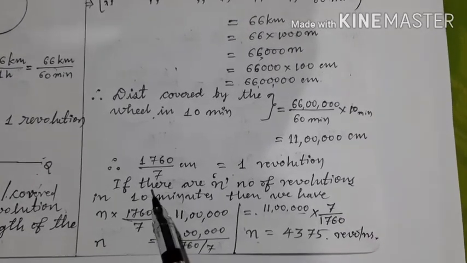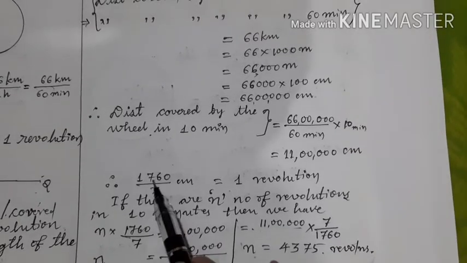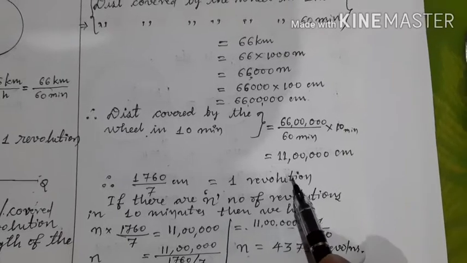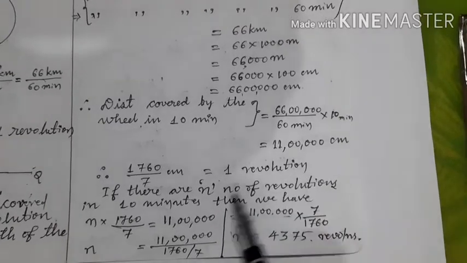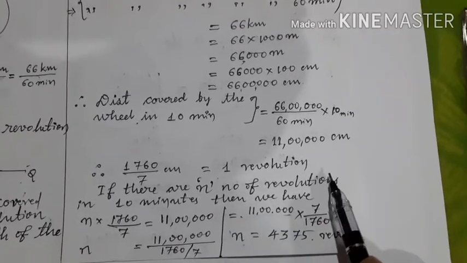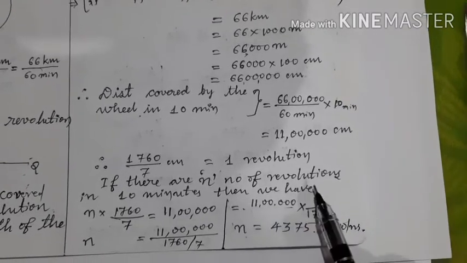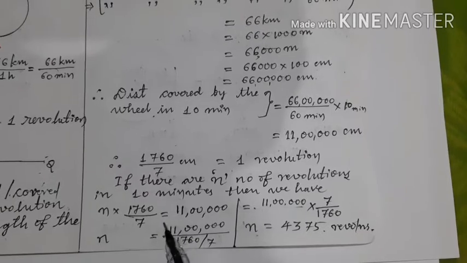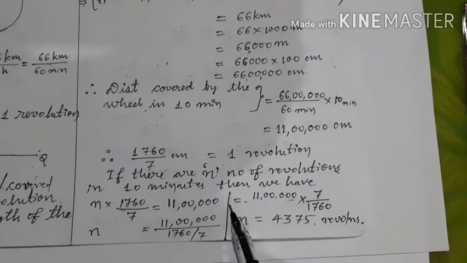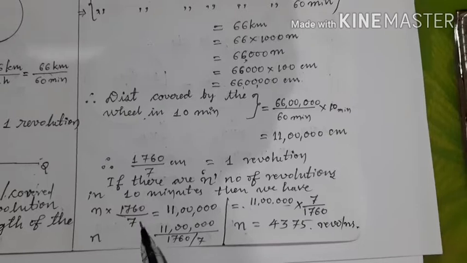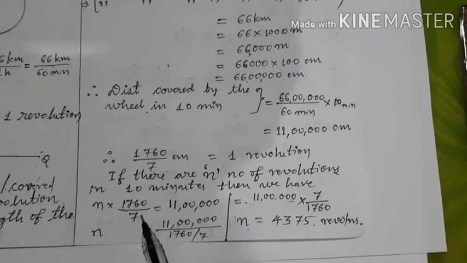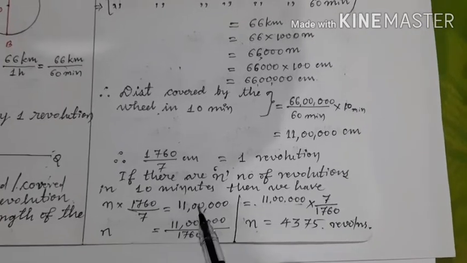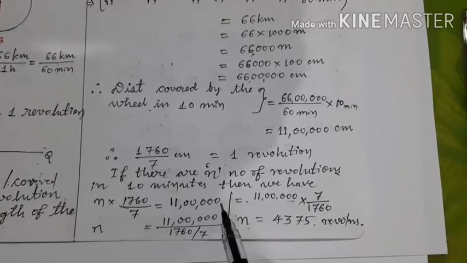So children, if 1760 upon 7 centimeter is the distance, then there is 1 revolution. So, if there are n number of revolutions in 10 minutes, then we have n into 1760 upon 7, which is equal to 11 lakh centimeter. This is 1 revolution distance, and if there are n number of revolutions, then this into n will give 11 lakh centimeter distance.